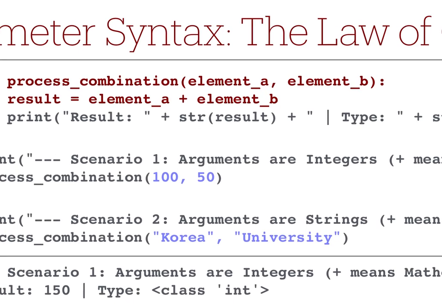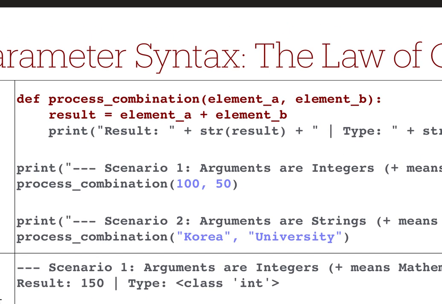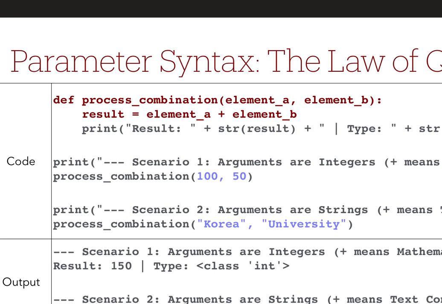And when I have this function, process combination, and if this function has 2 parameters, element A and element B, the type of the variable is not defined yet. Python does not predefine the type of the variable. As long as this syntax is fine, the Python interpreter will say okay, and then it will execute these lines.